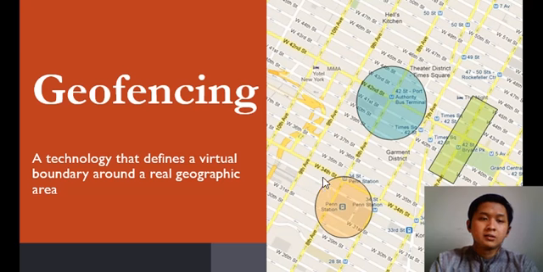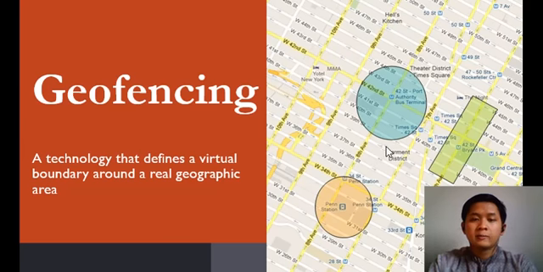The circles are geofencing, which indicates an area within a circular boundary. And the rectangle one is geofencing 2, but this is a polygon geofencing.